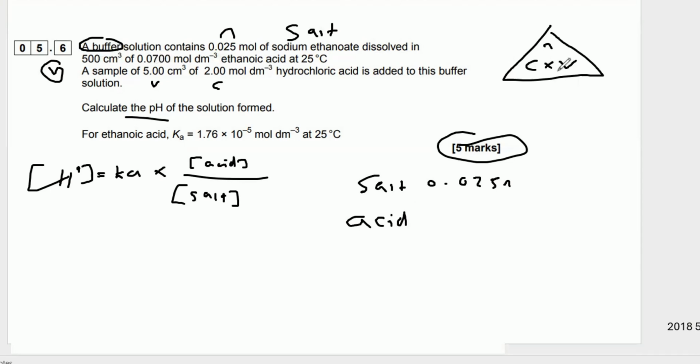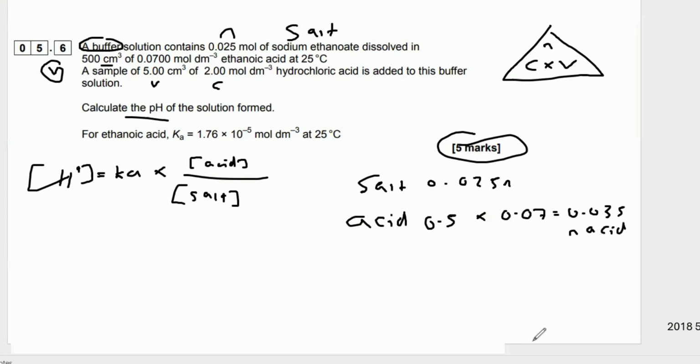So that's the volume and the concentration. So remember to convert cm cubed into dm cubed, so you just divide by 1,000. So you're going to do 0.5 times 0.07. And that is going to give us our moles of acid, and that equals 0.035. And that is moles of acid. So we now have our moles of acid, our moles of salt. Beautiful.